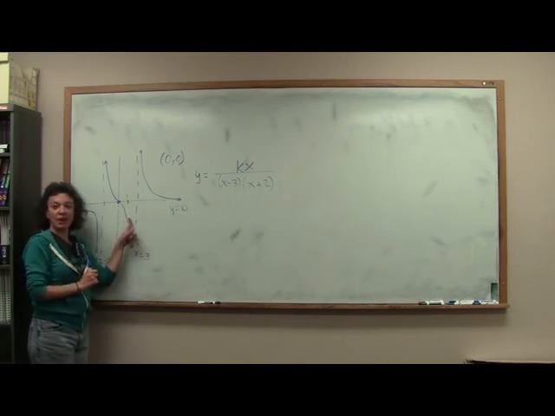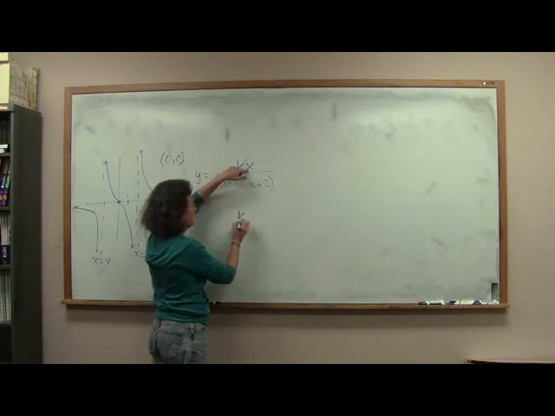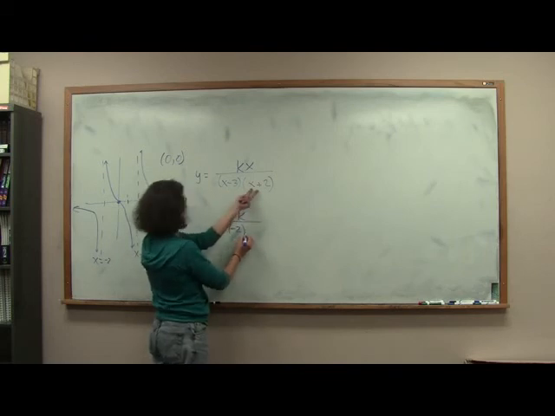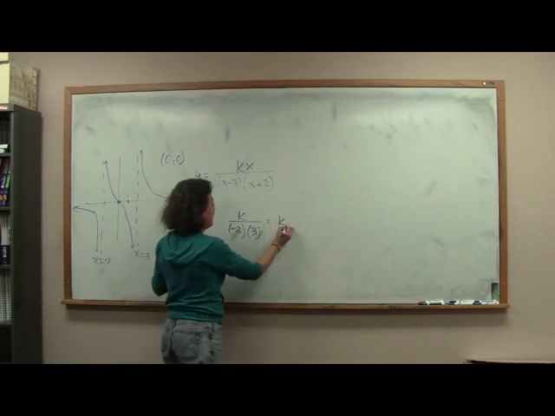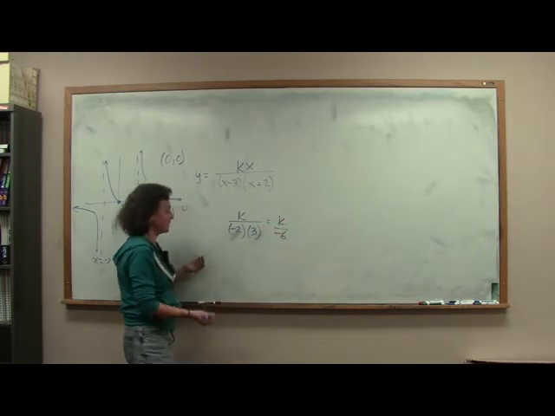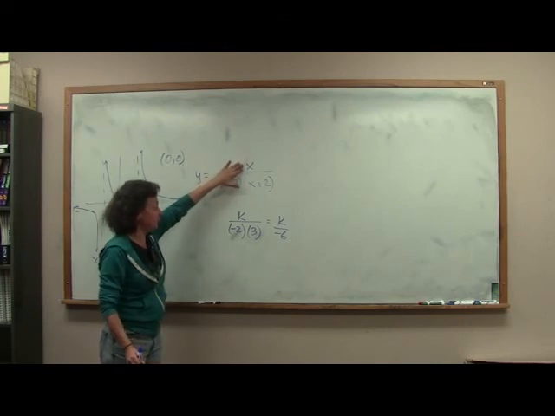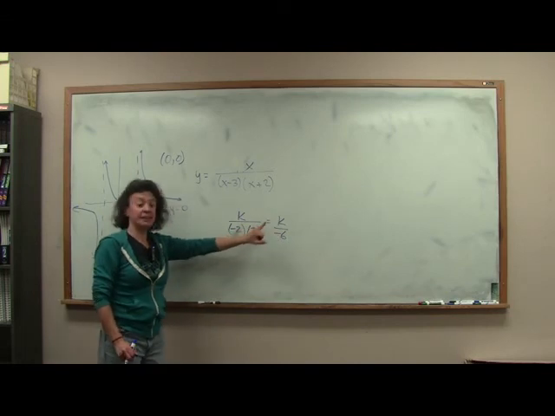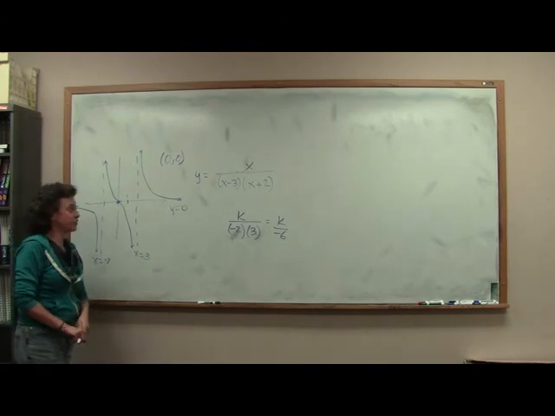Notice, by my graph, I already know it's going to be negative. If I plug in x equals 1, I'm going to get a k up here. 1 minus 3 is negative 2, and 1 plus 2 is 3. So I have k over negative 6. So yeah, I claim we are totally fine just letting k be equal to 1. If I let k be some negative number, then a negative divided by a negative is positive, and that would contradict our graph.